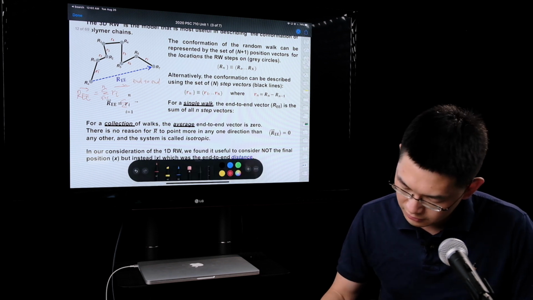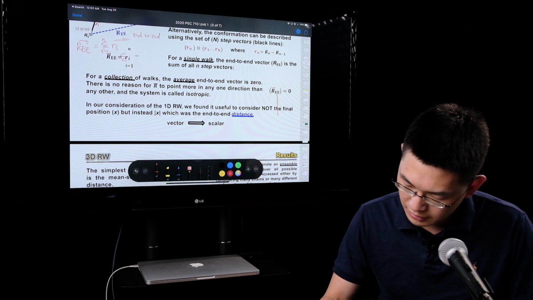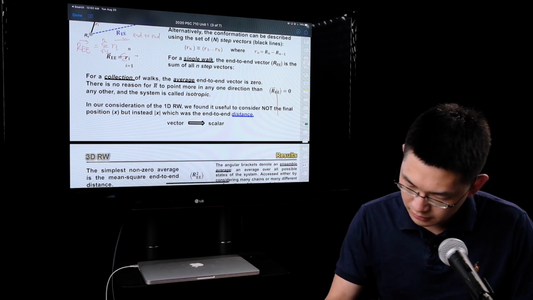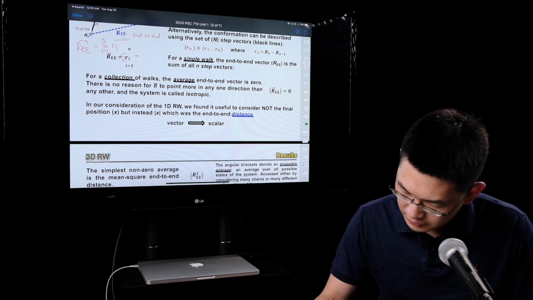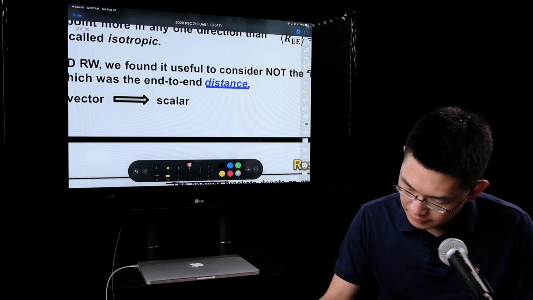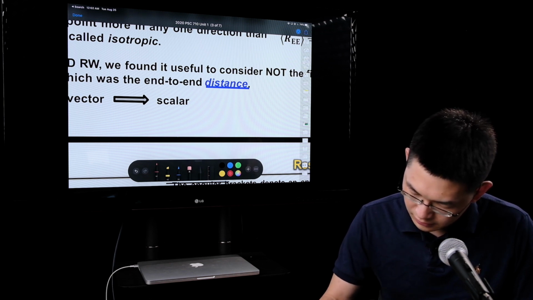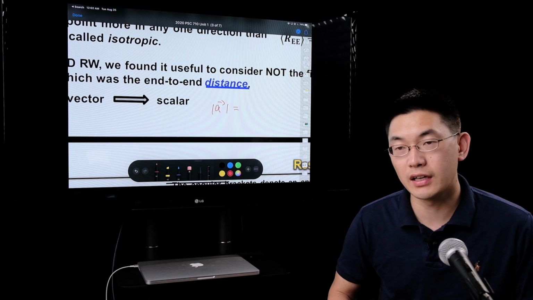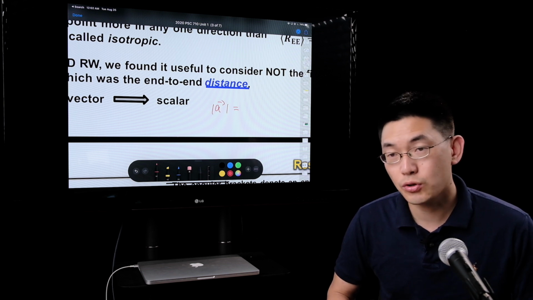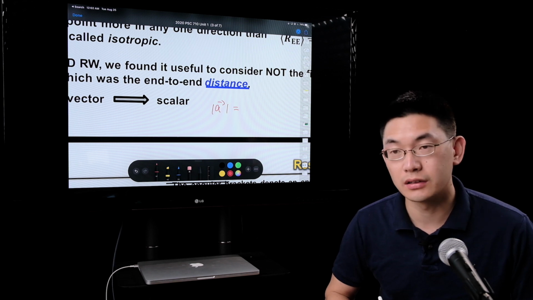So for example, I could write, let me first zoom in here. What does that mean? An absolute of vector A would mean the distance of this value. So absolute will convert a vector to a scalar.